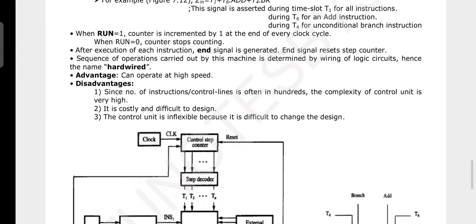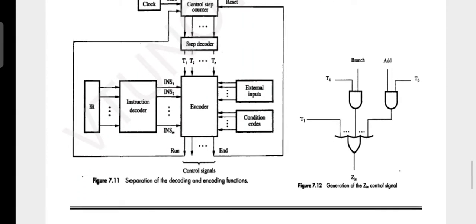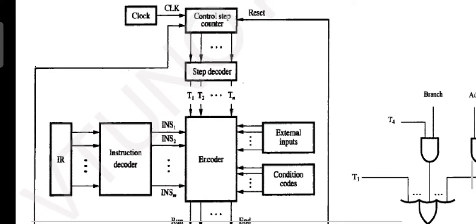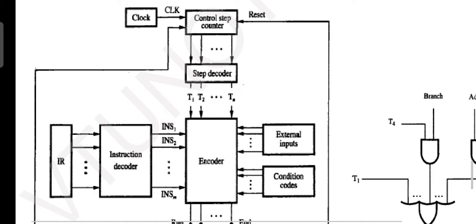Okay, see, hardwired control has got a block diagram. Again you have to study this block diagram. It is the synchronous operation we are supposed to follow. Synchronous in the sense, as and when needed, a particular control signal should be generated, right? So there is a clock.